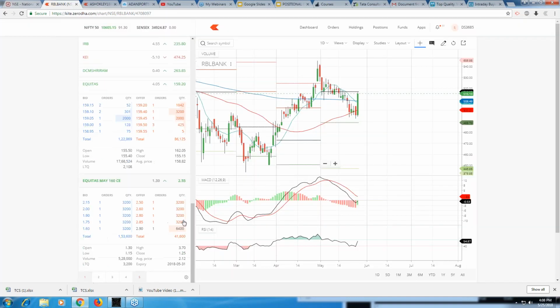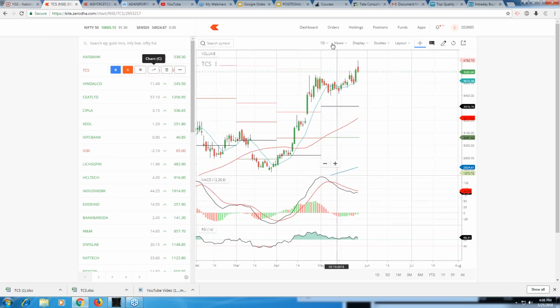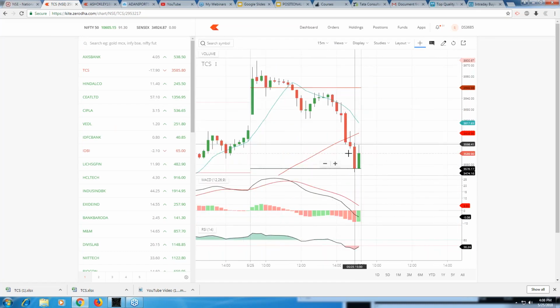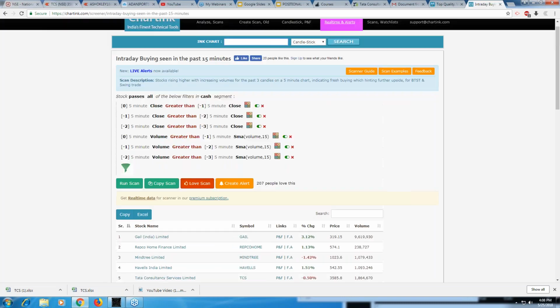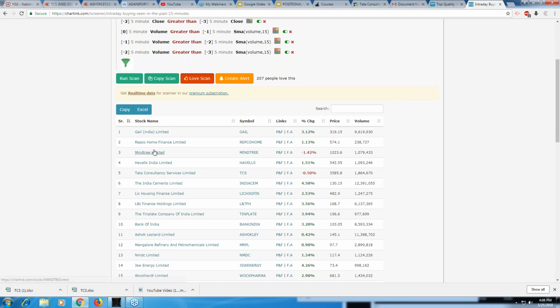Did it have, in the last 15 minutes, last few minutes, did it have buying or something? So last 15 minutes it had buying. That's what the scanner shows. The scanner says intraday buying seen in last 15 minutes. Let me look into something else. Mindtree.